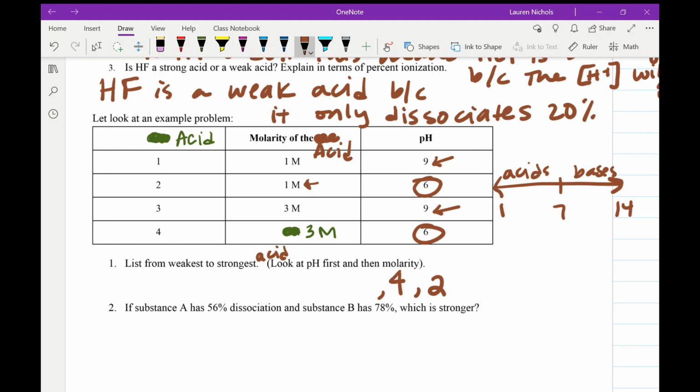And so with that in mind, that means our acid number 1 is going to be the next weakest, and acid number 3 is going to be our actual weakest one, because it requires 3 times the amount of hydronium ions to still have a basic pH and not even a weak acid pH.